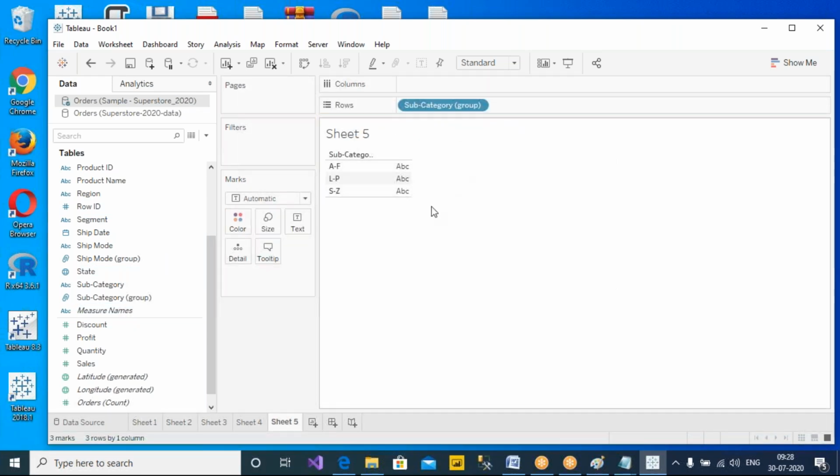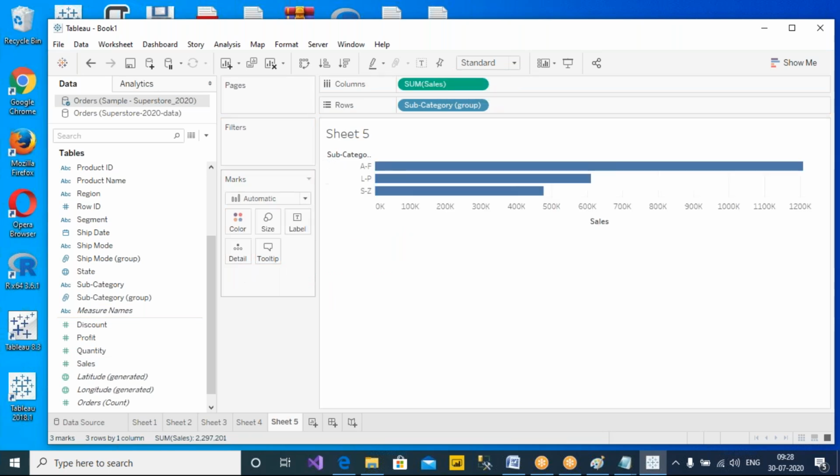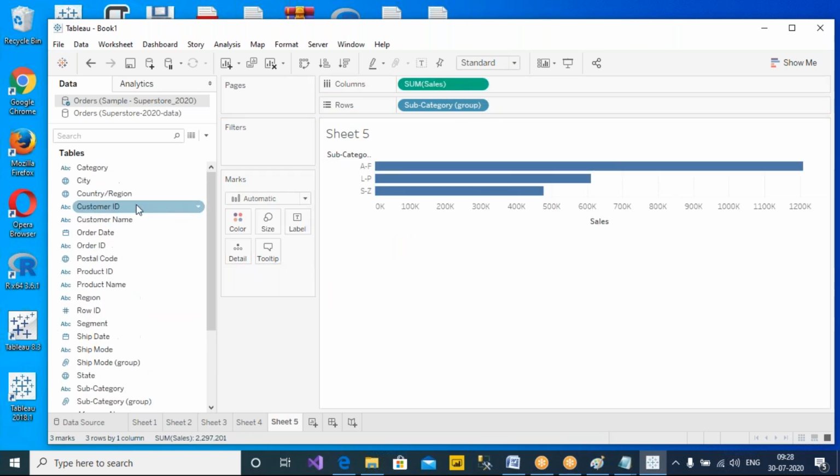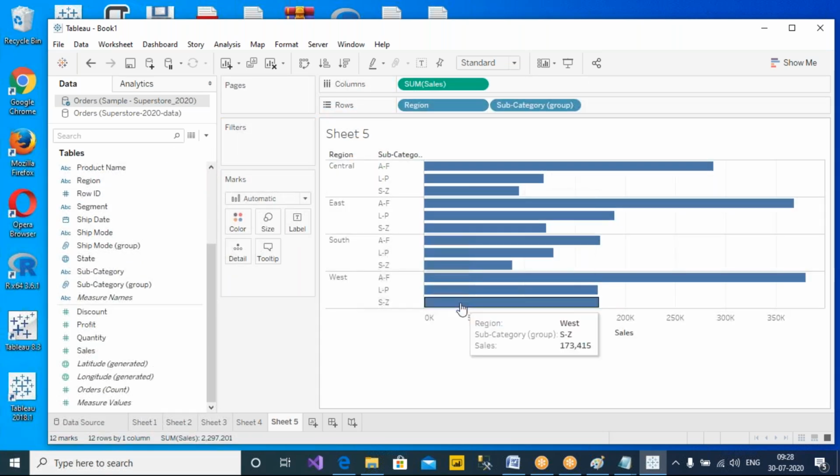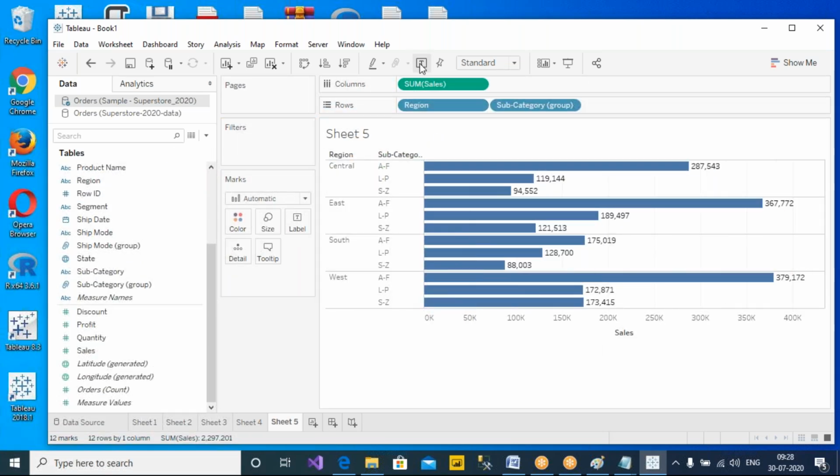So now you will have the values. If you have so many values, just group them into small pieces, and then you can do your regular analysis here. You can do the regular analysis of what region, how much, and sort out the values.